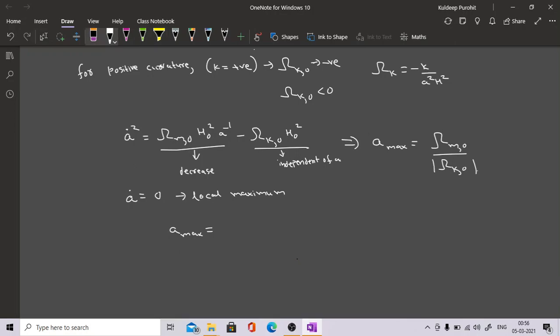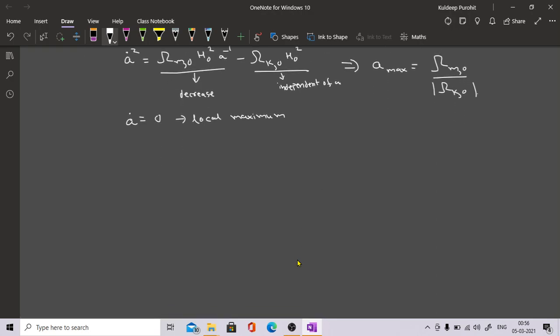So now to solve this equation, we will make again a substitution like we have done in the last case. Here I am using a change of variable. u square is equal to minus a by a max. So this will be a into k.